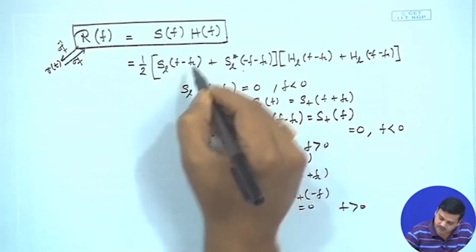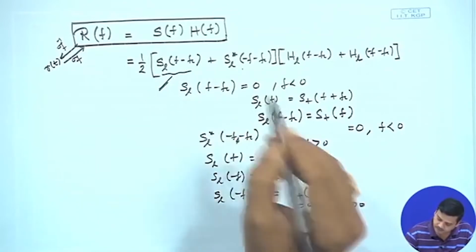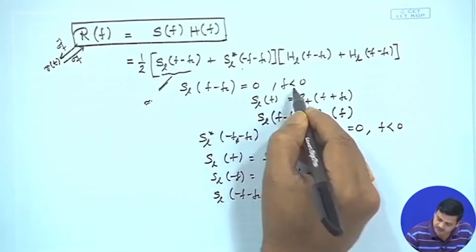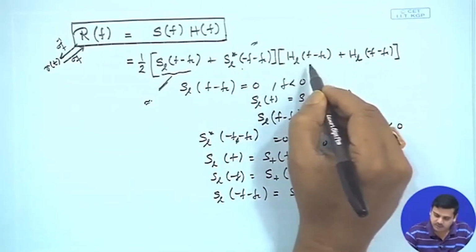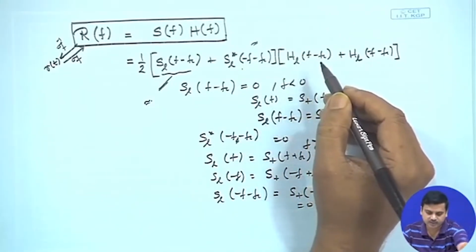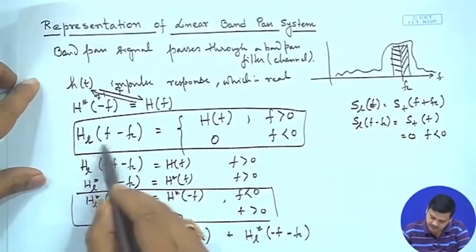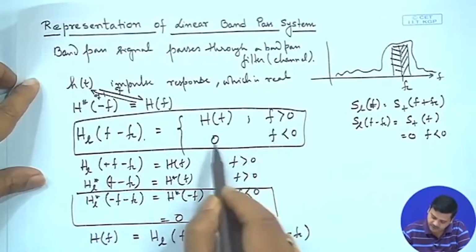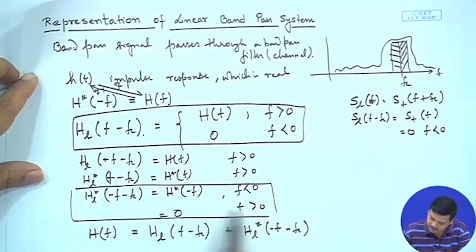So this thing is nearly 0 for f less than 0, and this thing is nearly 0 for f negative. Similarly, if we go by the definition of H(f), we see that this is H(f) for f greater than 0 and 0 for f less than 0, and this quantity is 0 for f greater than 0.